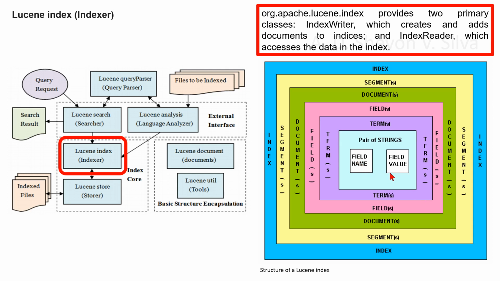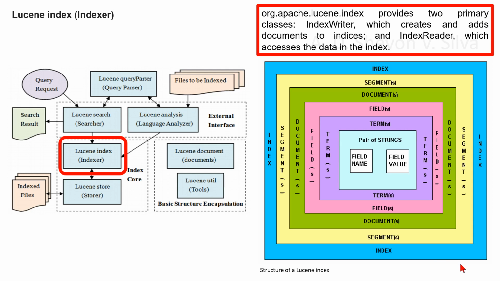So a segment consists of a series of files. Pictorially, the entire structure of a Lucene index can be represented as shown in this figure here. The exact number of files that constitute each segment varies from index to index and depends on the number of fields that the index contains.